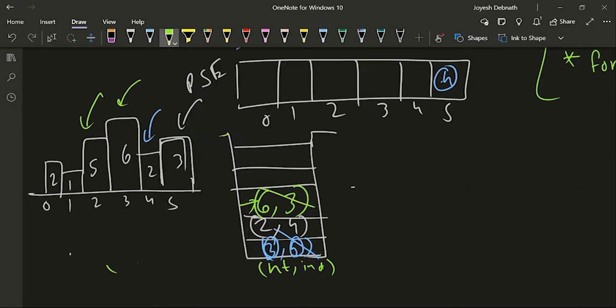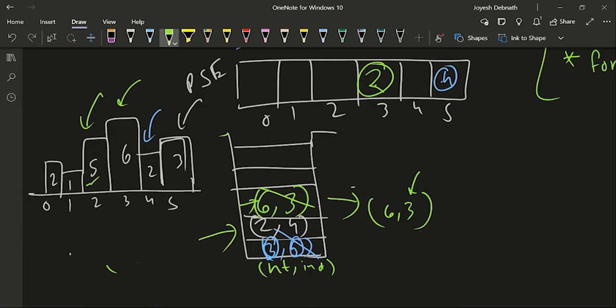So we can definitely pop out 6 comma 3. 6 comma 3 is popped out. What is its index? It is 3. So we will go to the index 3 and we will write the index of the current block, which is 2. So for block 6, its previous smaller is at index 2, which is 5.